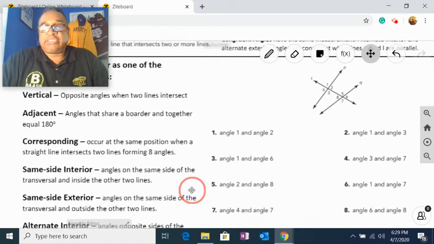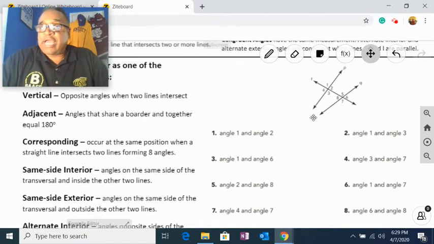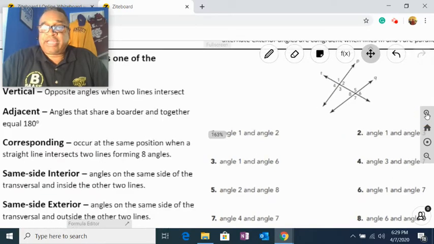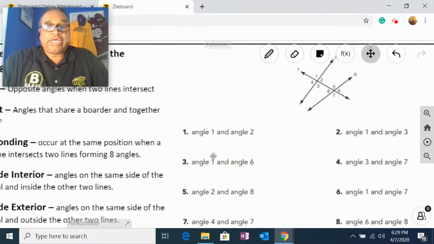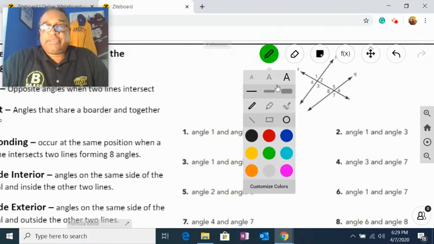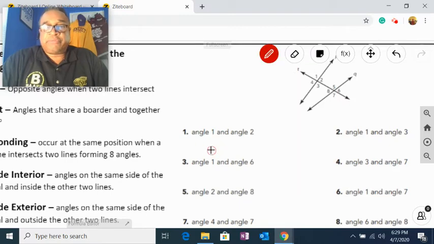So if we look at this diagram here, let's see if we can make that just a little bigger and identify which categories they fit into.